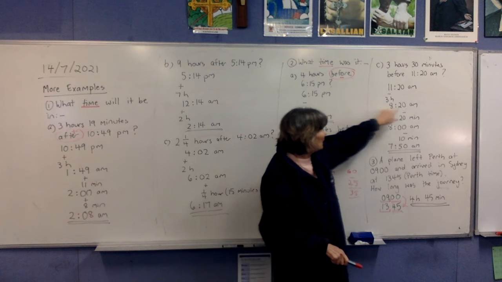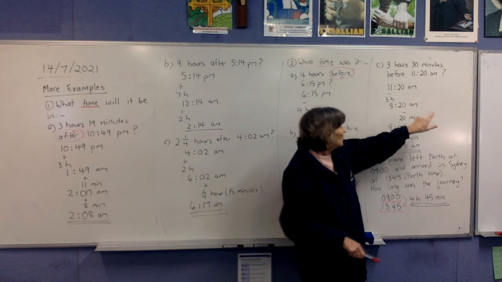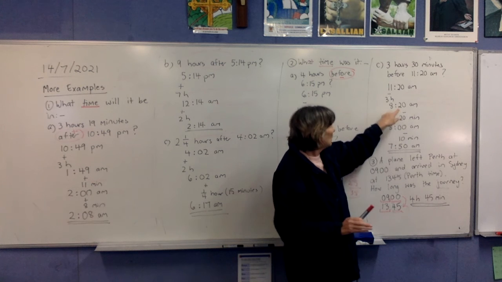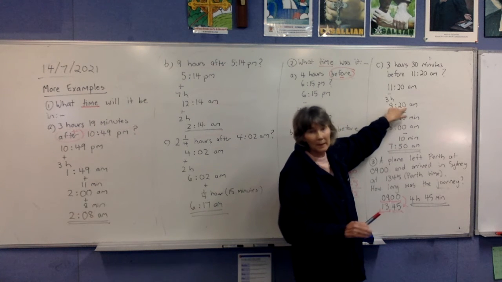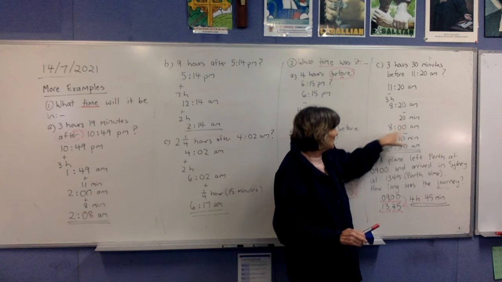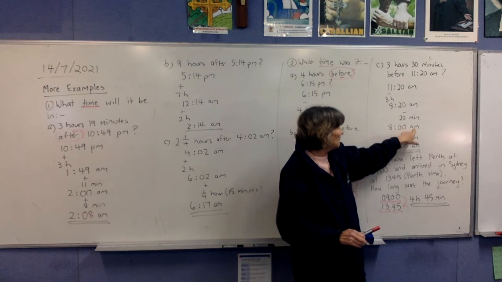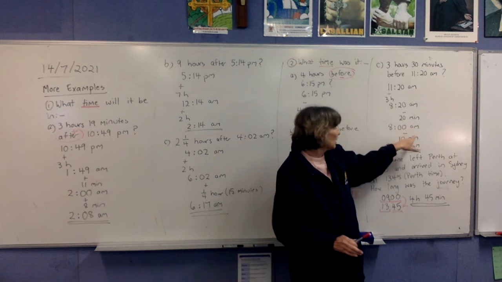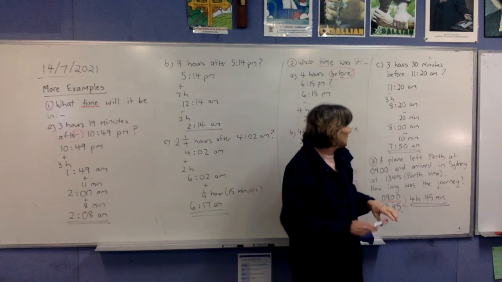So we're now at 8:20 a.m. and we still have 30 minutes to take off, but I'm not going to take them all off in one go. I'm going to take off the 20 minutes because I know that'll get me to 0 here. If I take off 20 minutes, that will get me to 8:00 a.m. And now I've still got 10 minutes I need to take off out of the 30 minutes.